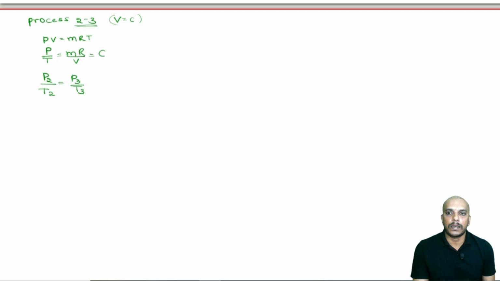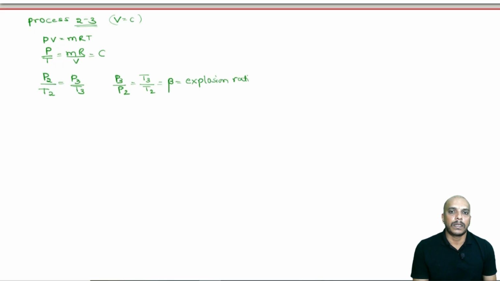Now, we can write, I am just rearranging, P2 I will send it to this side, P3 by P2 is equal to T3 by T2. Now, if you look here, this pressure ratio, during which there is an explosion, that is constant volume heat addition happening. So, let us call this beta, which is the pressure ratio during this explosion. Let us call this the explosion ratio.